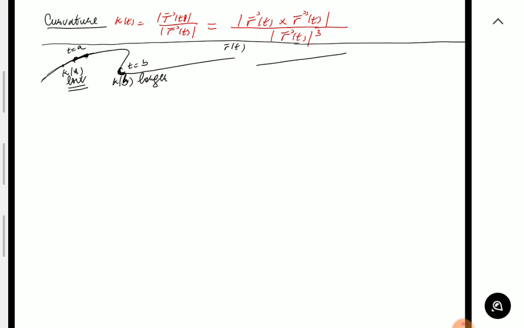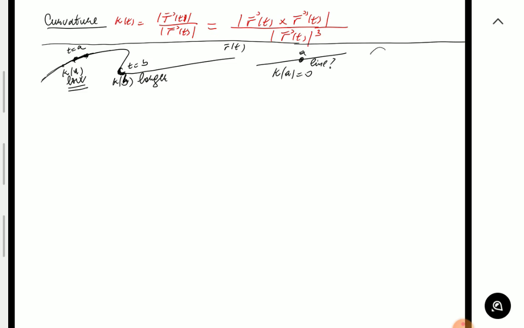Guess what? What is the curvature if I move on a straight line? Try to answer that question. So it should be 0. There is no turning. There's no turning on the line. It's a straight line, so the curvature should be 0. I don't have to compute it.